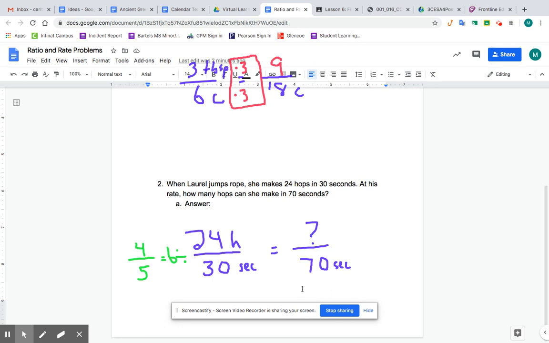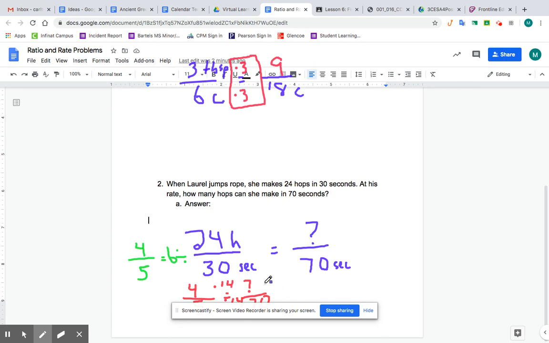If it can, then that's as far as I need to reduce my fraction. So what I can do then is take 4/5 equals question mark over 70. And then I can say, well, I'm going to multiply by 14 to get my missing number.